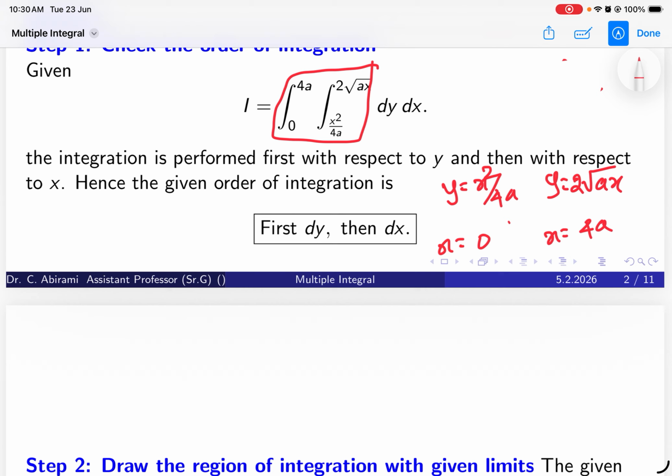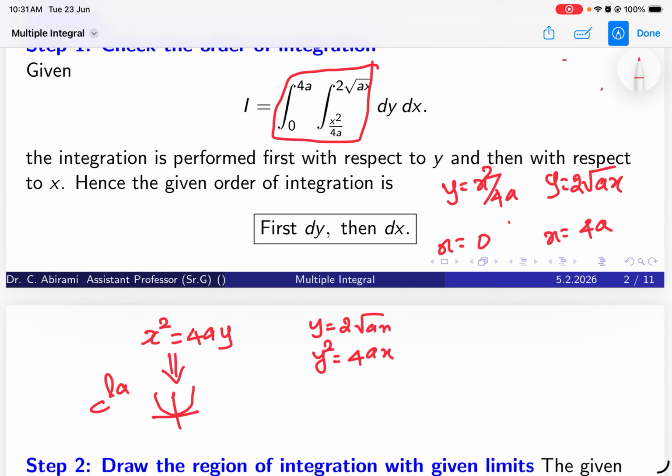So y is equal to x squared by 4a represents a parabola, x squared is equal to 4ay. Y is equal to 2 times square root of ax can be expressed as y squared is equal to 4ax. This is also a parabola. The first represents a parabola opened in the upward direction.